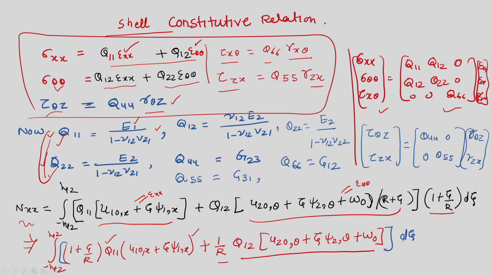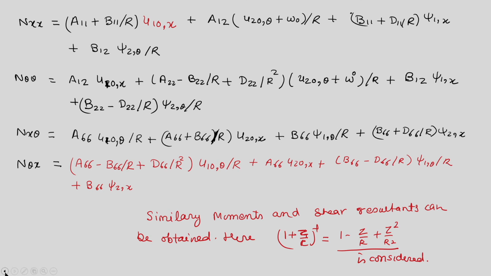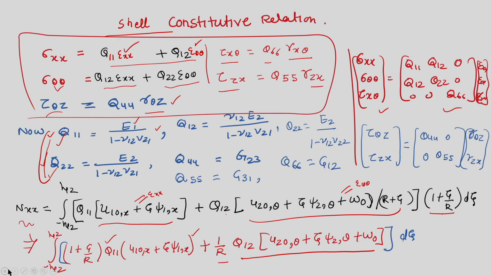Here we can write the coefficients: Q11 minus zeta by R2, integrated from minus h by 2 to plus h by 2 d zeta, and then next will be zeta times Q11 integrated. So, the first term gives the definition of A11, the second term gives the definition of B11, and similarly here zeta times gives the definition of B11, zeta square gives the definition of D11, and here again it is the constant.